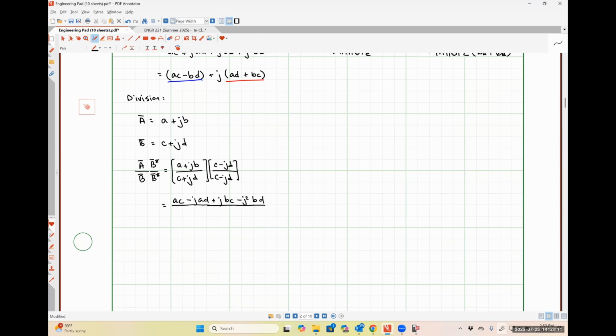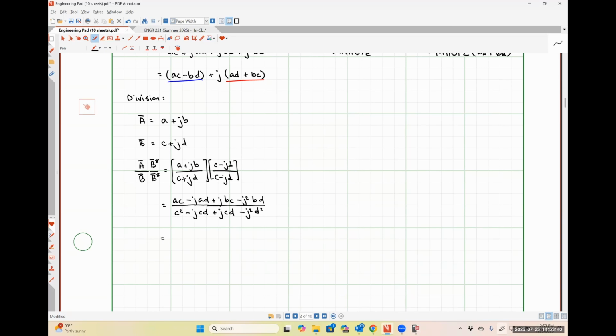And in my denominator, I'm going to have C times C, which I'm going to write as C squared, minus JCD plus JCD minus J squared D squared. Well, from our table, we know that whenever we see a J squared, that's -1.